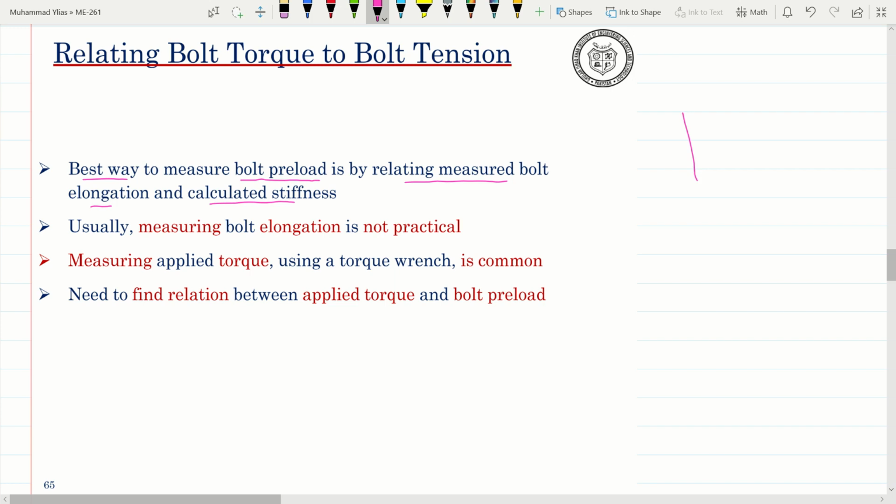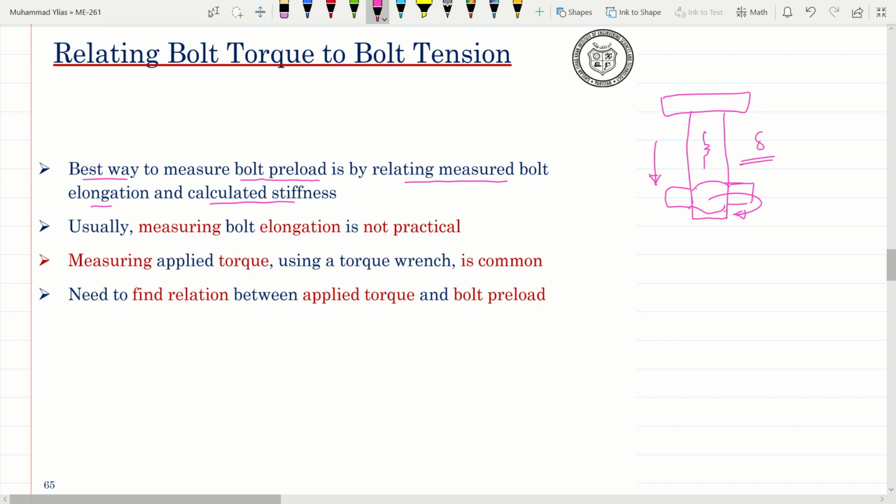So let's imagine we have a bolt which is being stretched due to the application of external torque, and this is causing this bolt to elongate, and we could place some measuring instrument on this bolt and measure the elongation delta.